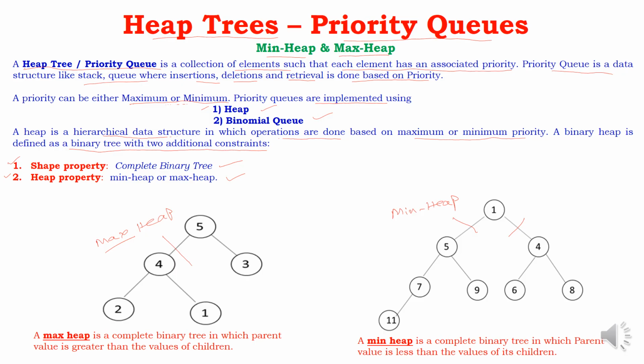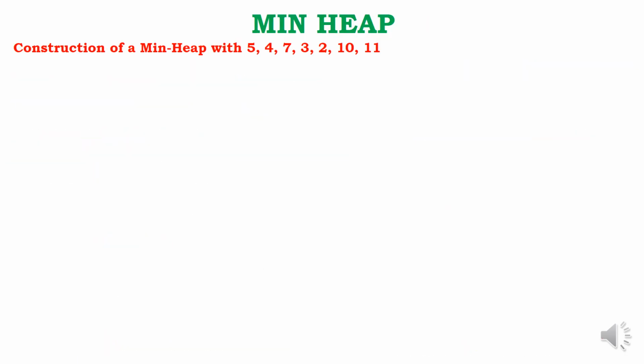Let me explain creation of min heap with the following node values: 5, 4, 7, 3, 2, 10, 11. We are going to construct a minimum heap. The property of a minimum heap, or any heap tree, is that it should satisfy shape property and heap property.